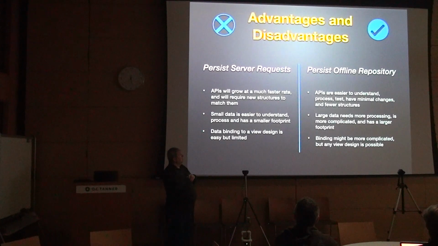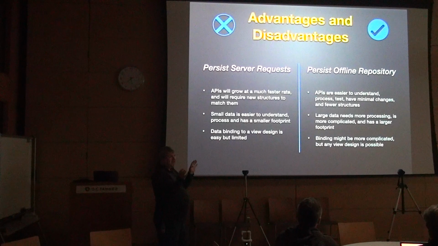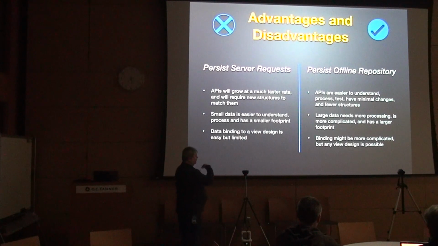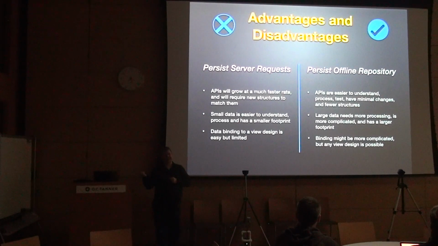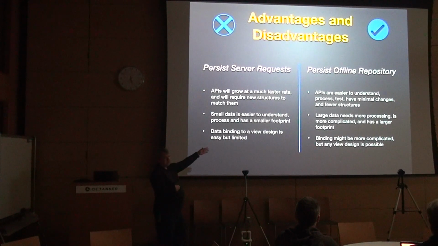Whereas if you're going the offline repository route, you've got fewer APIs, probably exponentially fewer. It's probably going to be a third, maybe way less. That is not unusual, because you're not just going for certain sets, you're trying to basically create a mirror of a local repository, which means you're getting bigger data and fewer APIs.